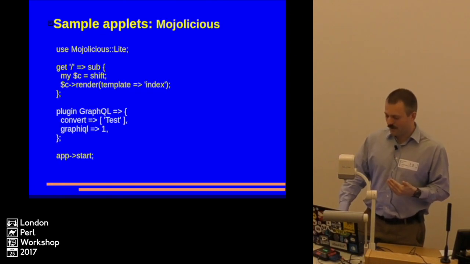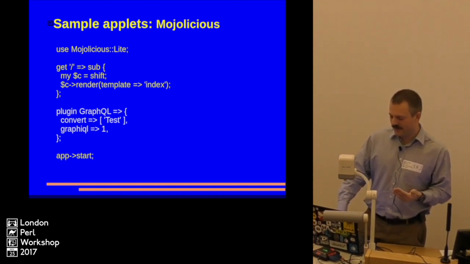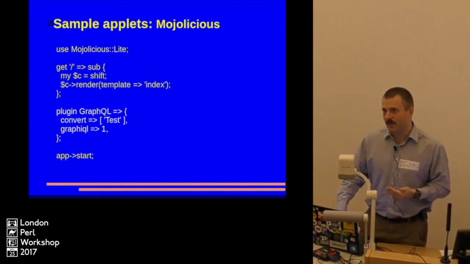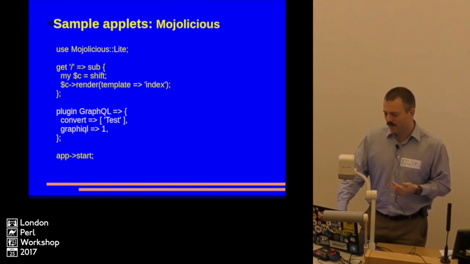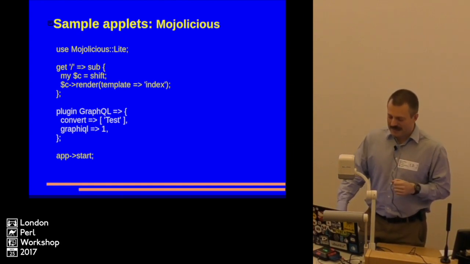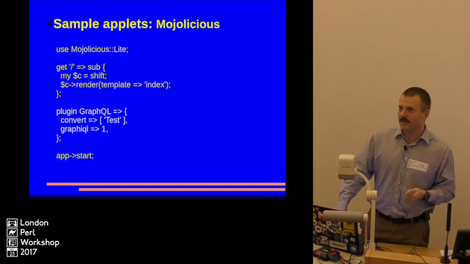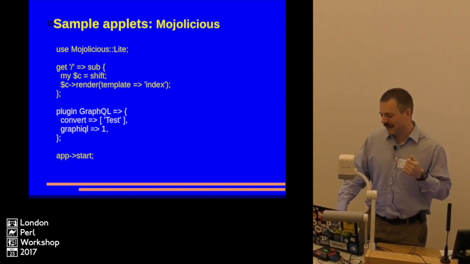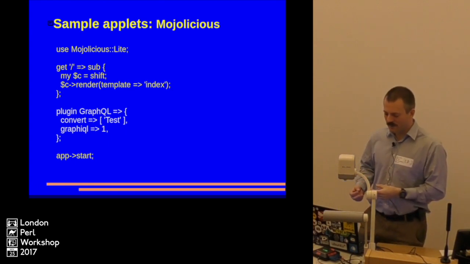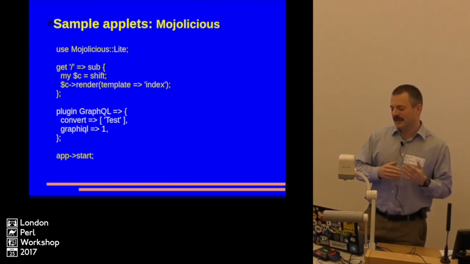So I'll quickly show you some sample code, to see what it looks like. With the Mojolicious plugin, it's basically a demonstration of that. Now, you can see the highlighted bit there in white. It has the plugin, it says convert and test. Now, the thing about the plugin convert system that I have made is that you give it just a module, and then you can refer to it.